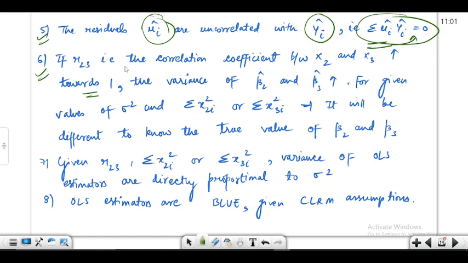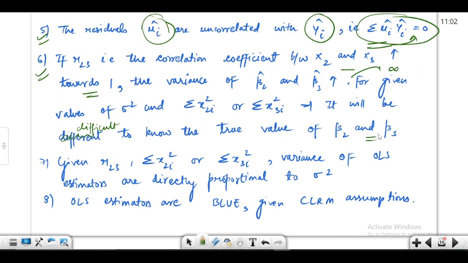So if R23, that is the correlation coefficient between x2 and x3, increases towards 1, the variance of beta 2 hat and beta 3 hat also increases, and it moves towards infinity. So for given values of sigma square and summation x2i square and x3i square, it will be difficult to know the true value of beta 2 and beta 3, because the variance will be very high and you cannot correctly estimate the true value of your parameters, the true population parameters.